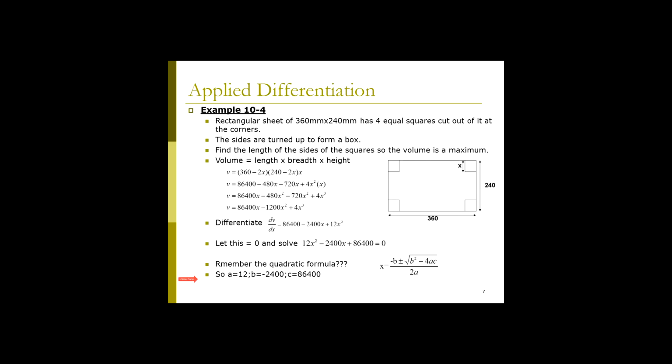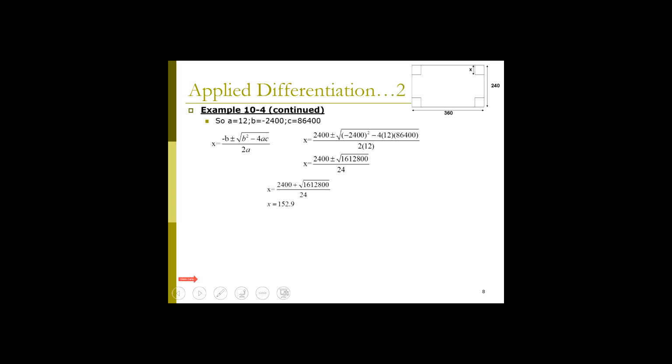So the 12x squared becomes 24x, and the minus 2400x becomes minus 2400. And we plug in our value then of x here. And we work that out. We get a negative answer, so that means it's a maximum turning point.